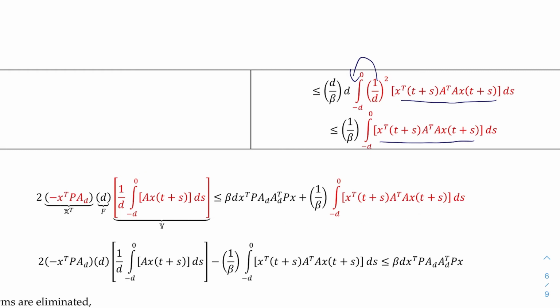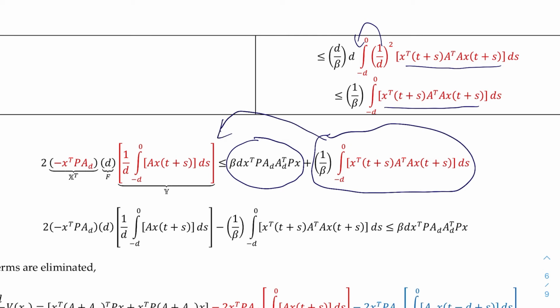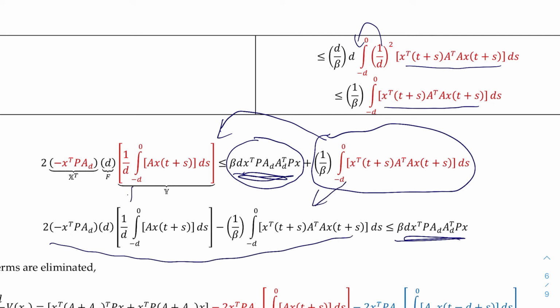So basically, they are upper bounded by this term. So let's imagine we get this term over to that side, right? And we have this here. This term and this term.